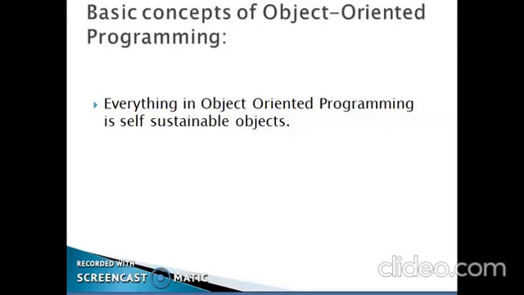But if you want to solve the problem using the object-oriented programming concept, how will you solve it? The problem is solved by using the concept of objects. So now definitely a question will arise in your mind, what is this object?